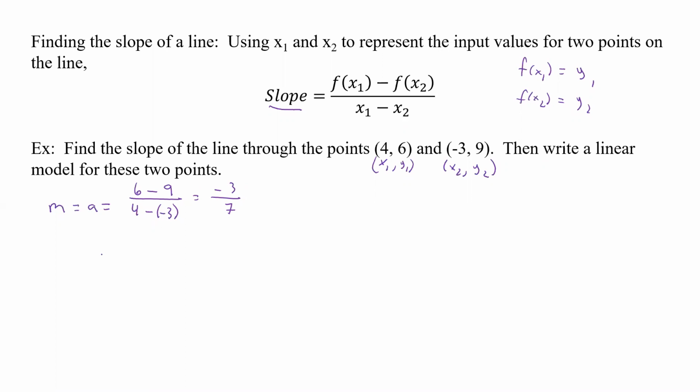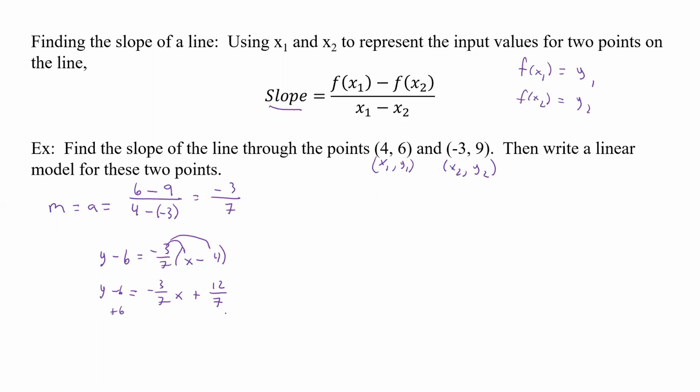Now we're going to use the equation y minus y1, and y1 we said was 6, equals m, which is -3/7, times x minus x1, which is 4. Now we have to distribute and then add to the other side. So we have y minus 6 equals -3/7 x plus 12/7.